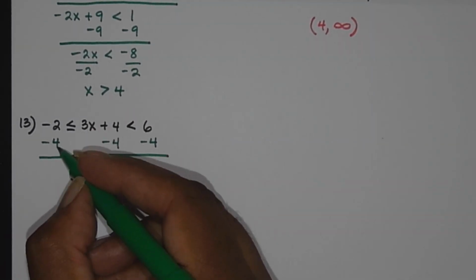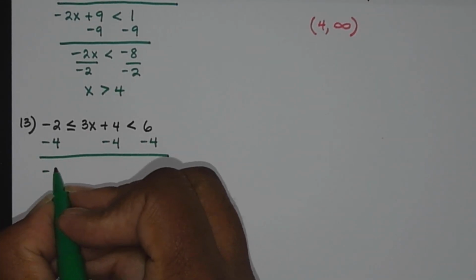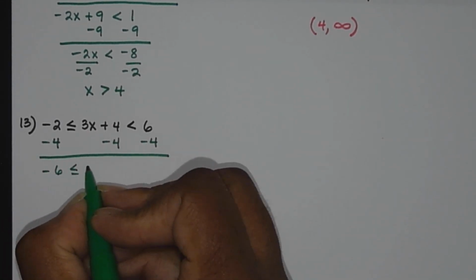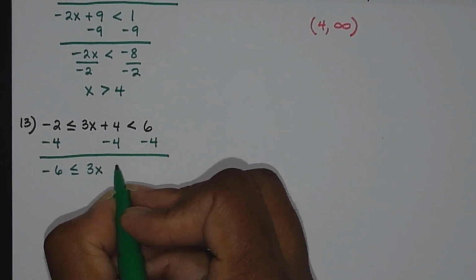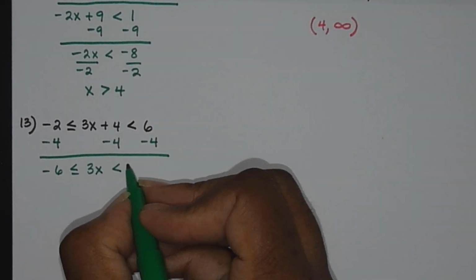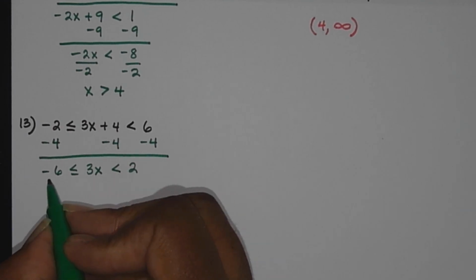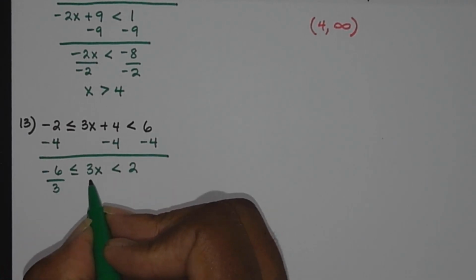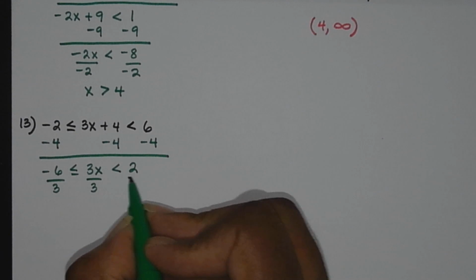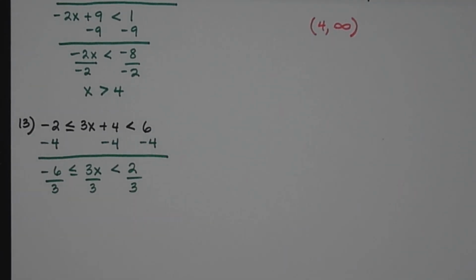So here this will be negative 2 minus 4, negative 6, less than or equal to 3x, and less than 6 minus 4, which is 2. And now to get x by itself, I'm multiplying it by 3, so I need to divide the left side, divide the middle, and divide the right side by 3.